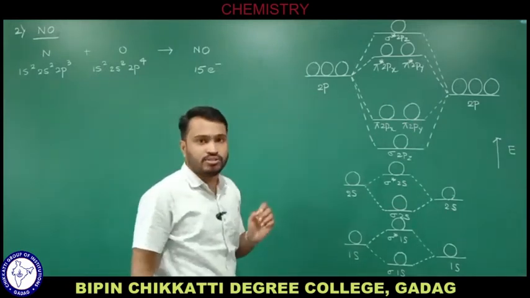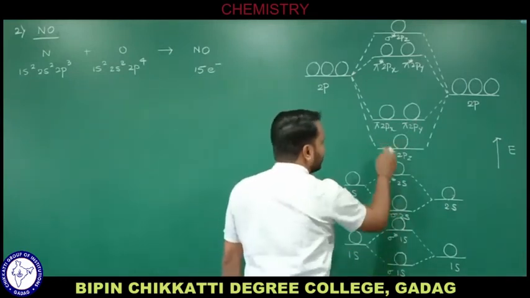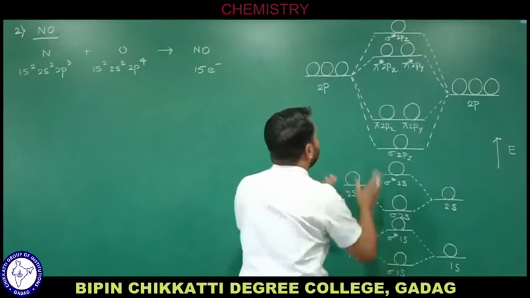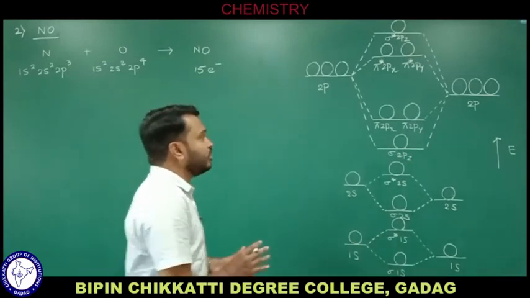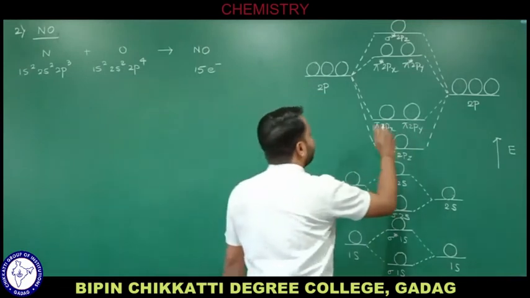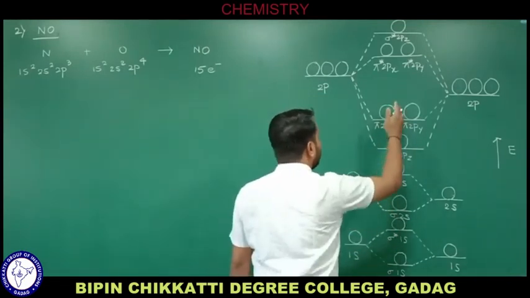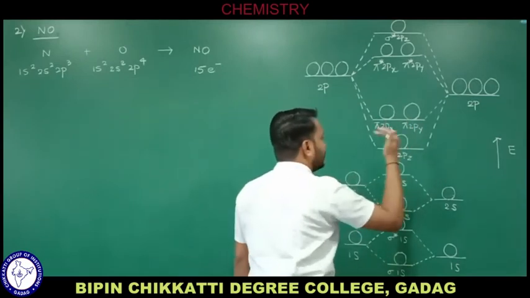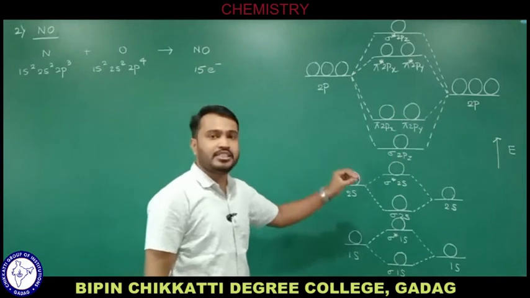Or you can consider the BMOs will be nearer to oxygen and ABMOs nearer to nitrogen. But the change in case of 2p: in carbon monoxide, I drew 2pz at the higher energy level. Now I have considered sigma 2pz at lower energy level, because in this case there will be no sp mixing.